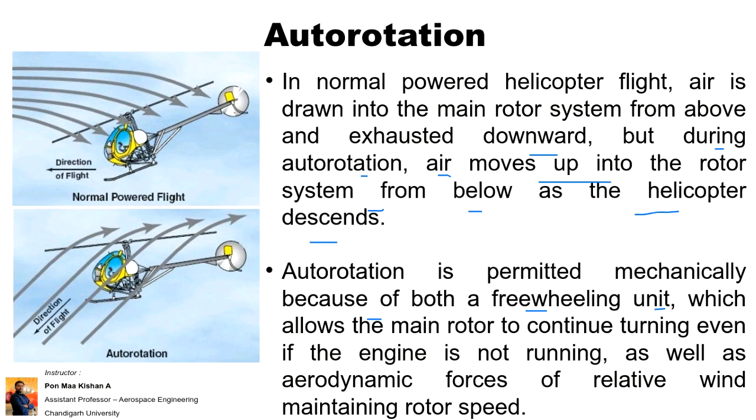Okay. So mechanically we have to design the mast and shafts accordingly, so that the main rotor can continue to rotate even if the engine is not working. Okay. So as well as the aerodynamic forces maintaining the rotor speed.